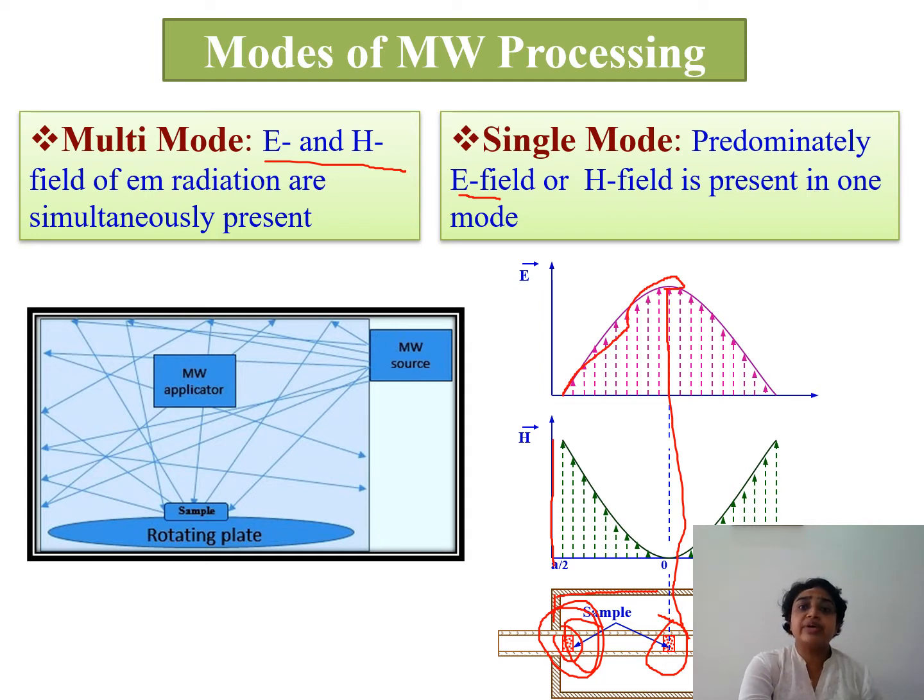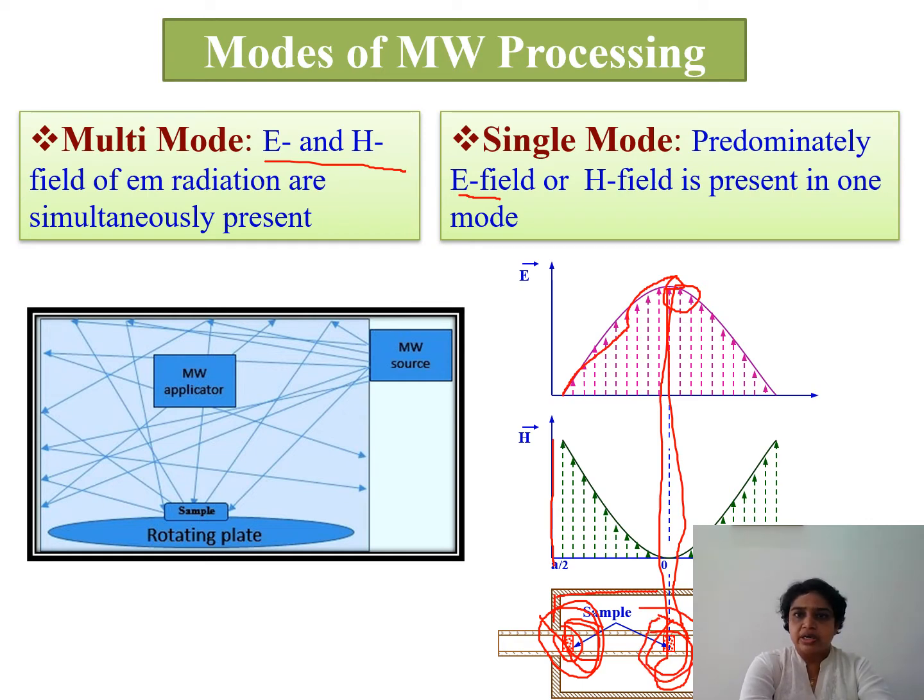So we can get a very high field at the sample location, and even if your sample is a moderate absorber, it also gets heated to very high temperature. Here you can see the very high electric field at the E field location. Similarly, at this position your sample has a very high H field. So this is known as H field processing, and this is known as E field processing.